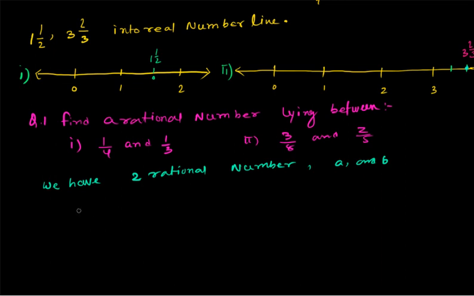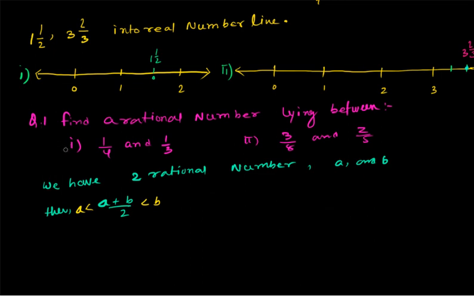The average of a and b, that is a plus b by 2, will lie between a and b. So we can write that a plus b by 2 should be between a and b. That is how we can find a number lying between two given numbers. That's the theoretical way to do it, but we have so many other ways which we can apply here.